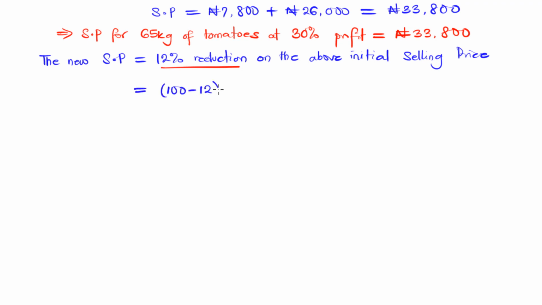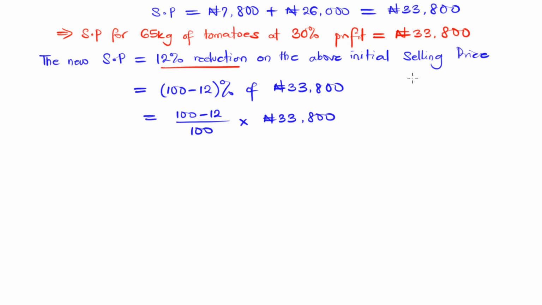Reduction means we are reducing from a whole. The whole is 100%. Reduction is by 12%. So we have 100 minus 12% of 33,800 naira. So 100 minus 12% is 100 minus 12 over 100 multiplied by 33,800 naira. If you evaluate that, 100 minus 12 is 88. So we have 88 over 100 times 33,800 naira.